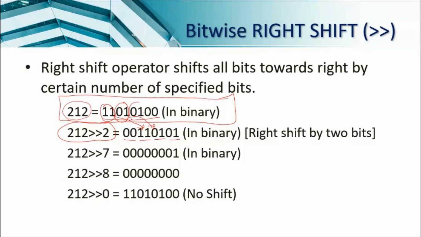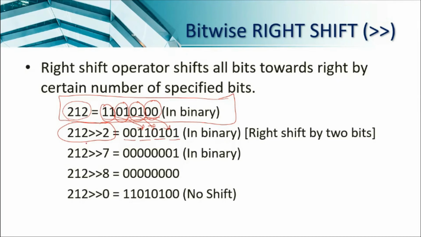This 01, 2 positions towards the right. Then the last two digits are truncated, they are removed. So that is the right shift by 2 digits. We are removing the rightmost 2 digits and inserting 2 zeros towards the left.